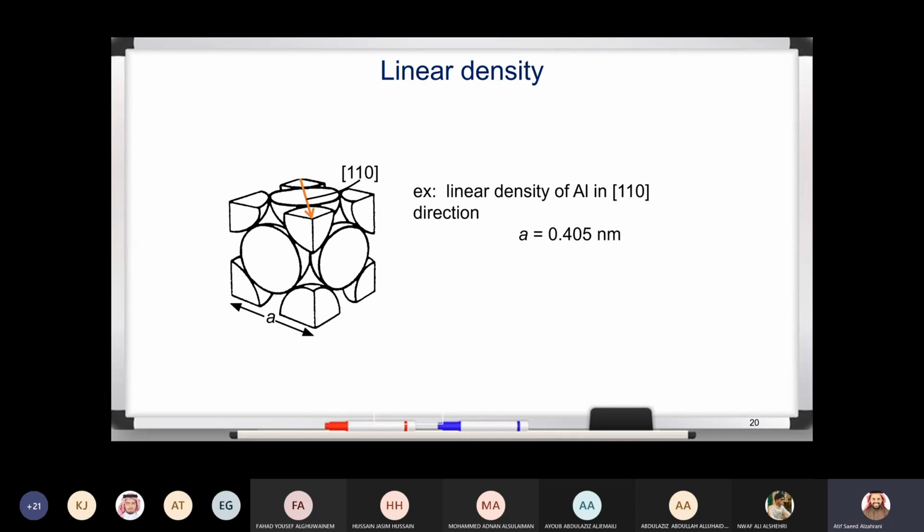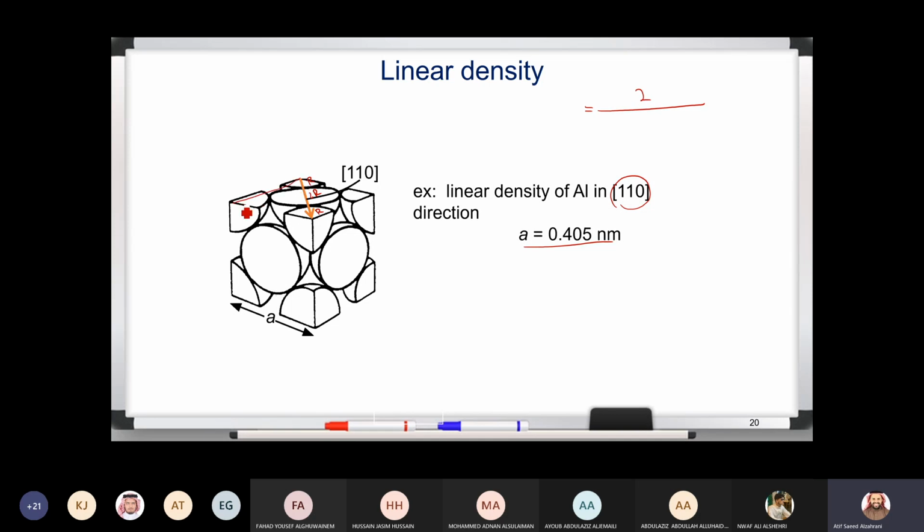So he's asking to find the linear density of aluminum in this direction, 1, 1, 0, and he's giving you A, the unit edge length. In this direction, again, we have 1R, 2R, and R here, meaning that we have 2 atoms now.